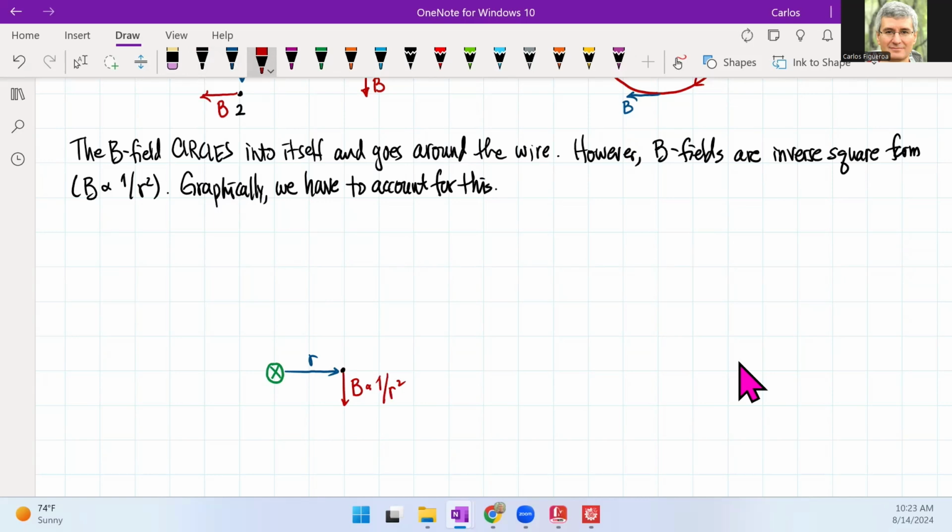Now, if I get close to this, and I pick a point, let's say right here, well, that displacement is now smaller. As a consequence, right here, I should have a larger field. And the reason why this is a larger field is because the displacement is smaller.